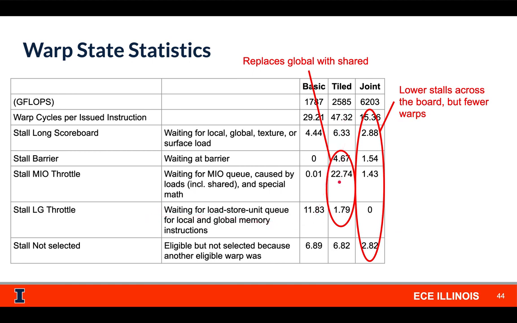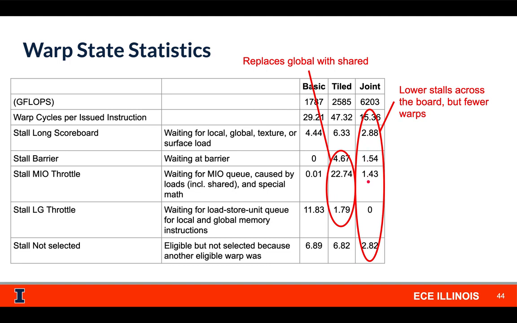In the tiled matrix multiplication, it's the same situation, but we're stalled for shared memory loads instead of global memory loads. And then the thing I wanted to point out is that in the joint matrix multiplication, we have a pretty even distribution of different stall reasons. Sometimes we're stalled because we're actually waiting for data from memory. Sometimes we're stalled because we're at a barrier.